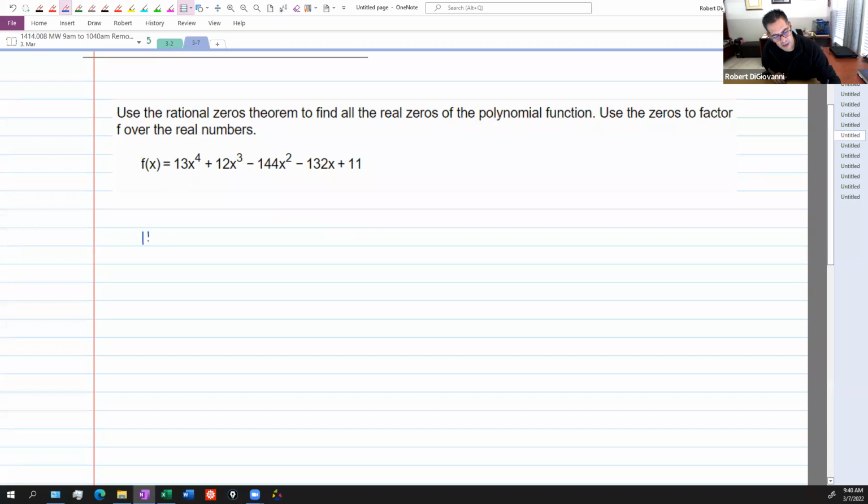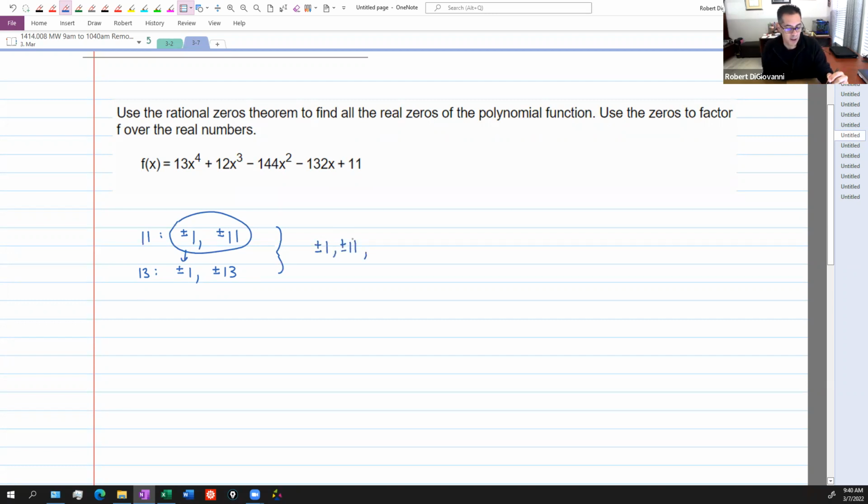So here's 11. I take the number in the back, 11. All the factors of 11 are just 1 and 11. That's nice. The number in front is 13, and 13 is also a prime number, so there are only 2 factors, 1 and 13. So I'll take my final list. I'm going to do these numbers over this first: plus or minus 1, plus or minus 11.